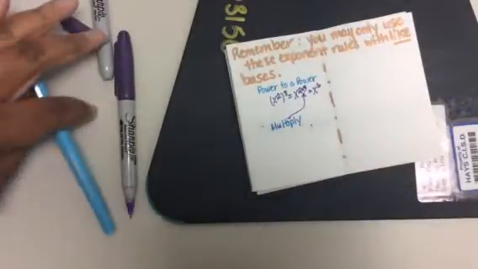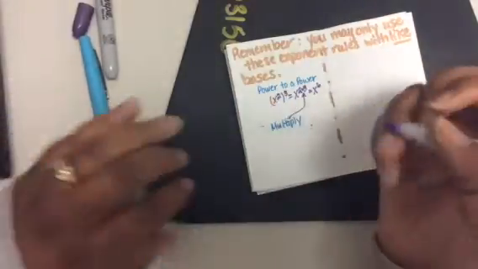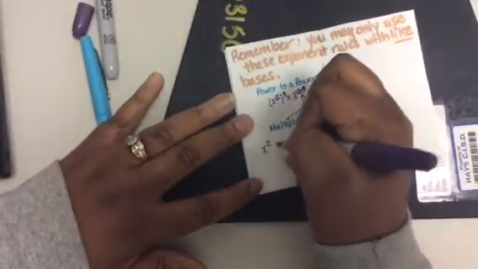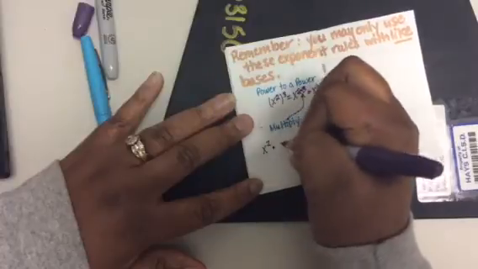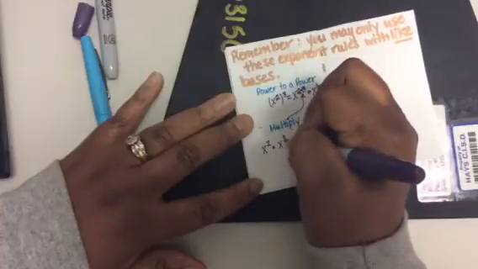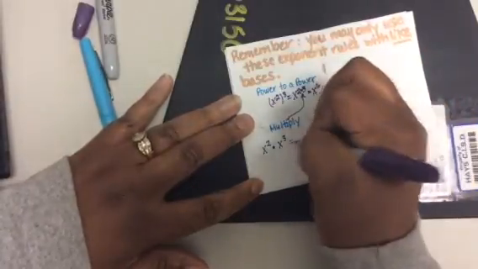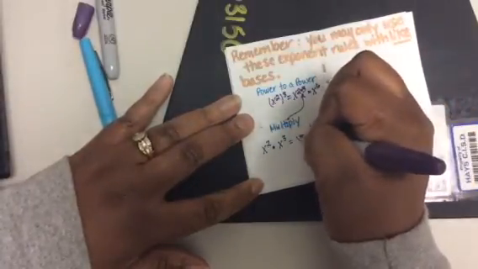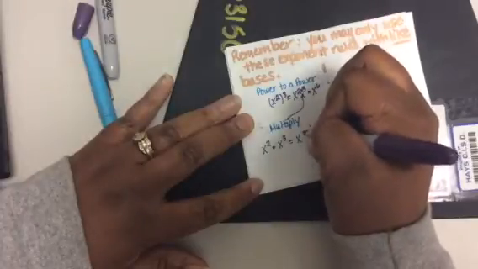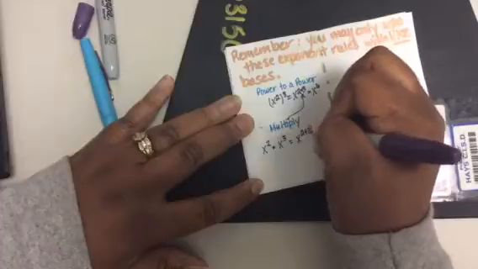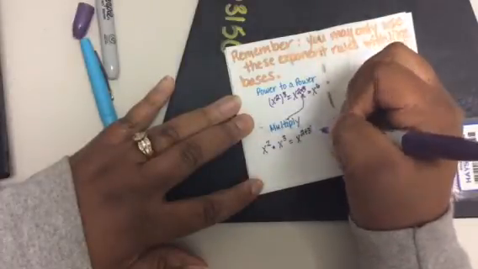Now, let's say that we have x squared times x cubed, which is the same as x to the 3rd power. Well, that's the same as x to the 2 plus 3 power.